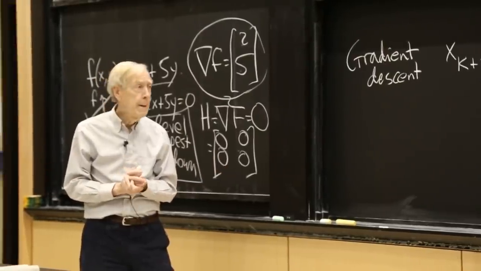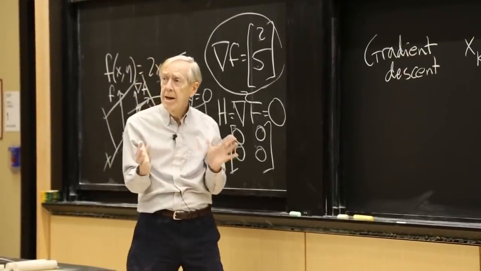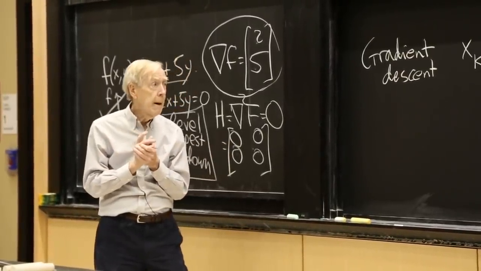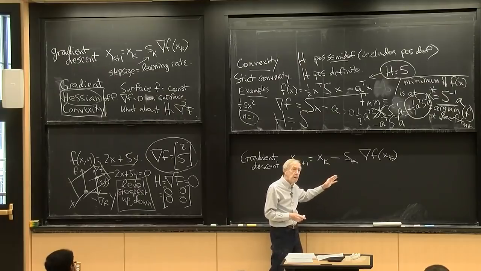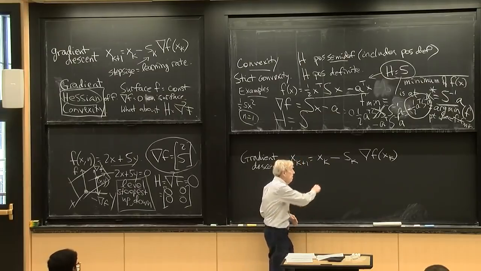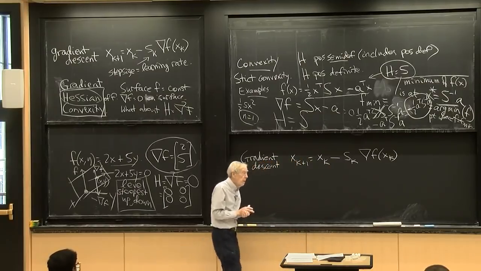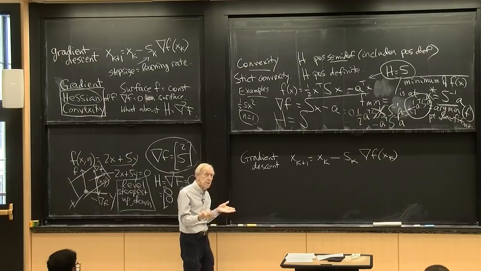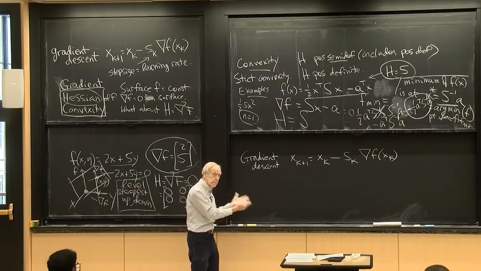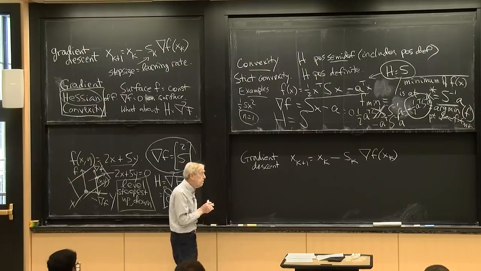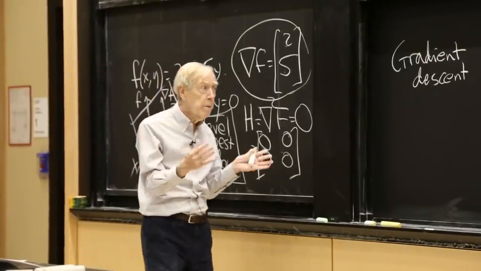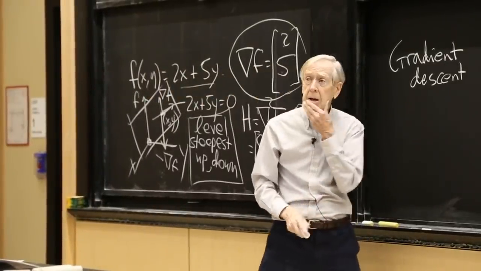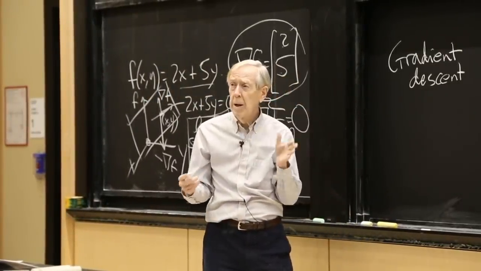So the problem is to get it just right. One way that you could get it right would be to choose the optimal s_k. Of course, that takes longer than just deciding an s_k in advance, which is what people do.